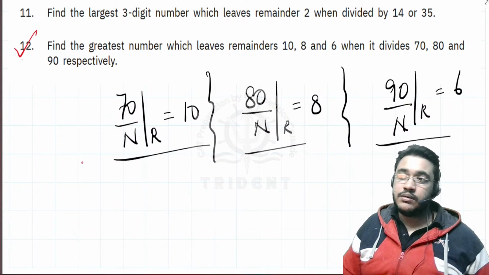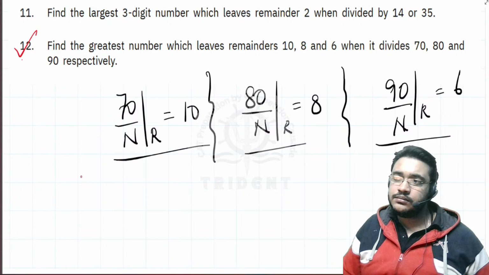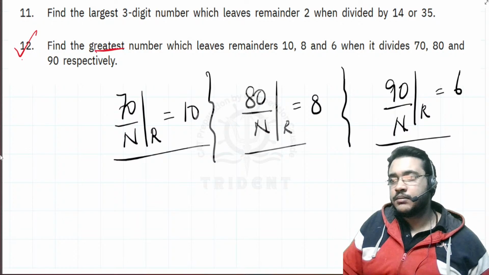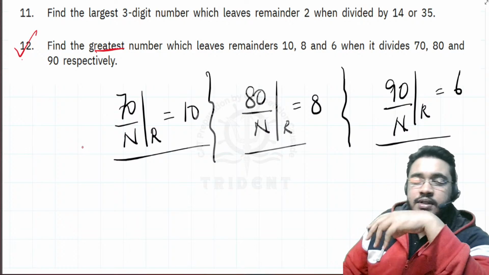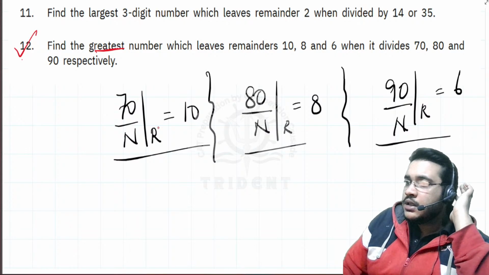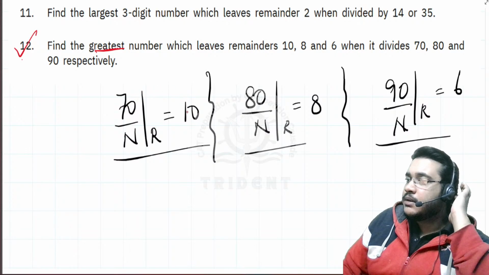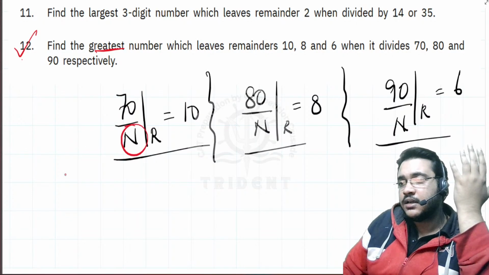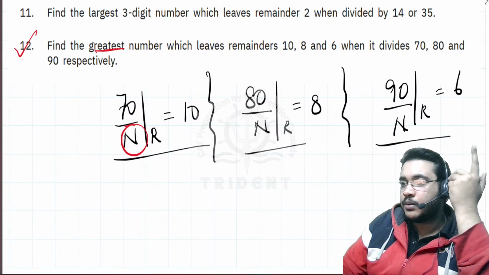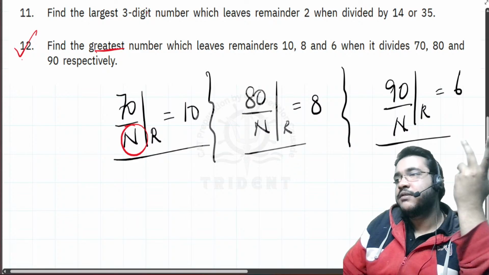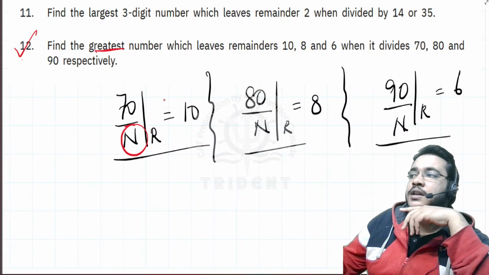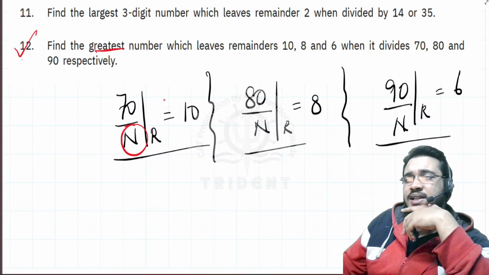How do we solve it? It is just one number, and we are looking for the greatest number. Obviously, that number needs to be a factor. If that number n had been a factor, it would have been much easier for me to calculate. Right now, because different remainders are there in different cases, the number n is not a factor.